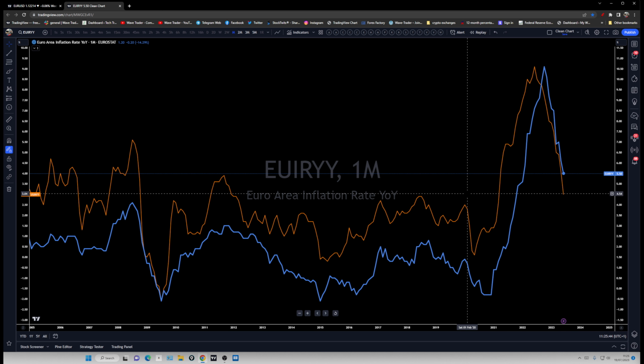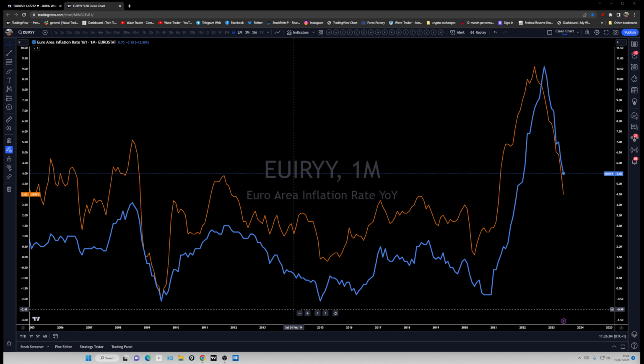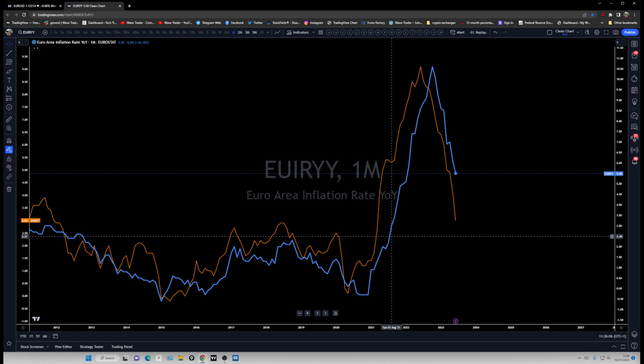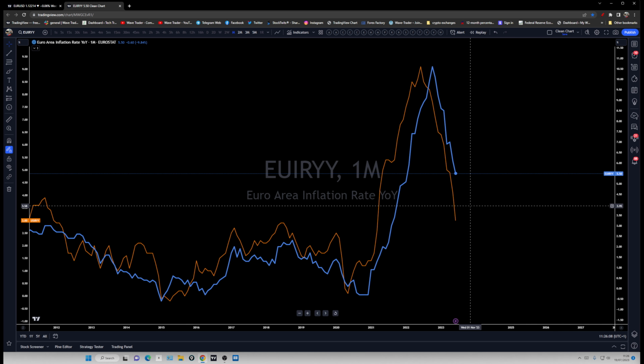There we can see that the inflation in Europe is still standing at 5.50, while the inflation in the US is below 3, currently 2.97. So there is a huge divergence building between these two inflation numbers.